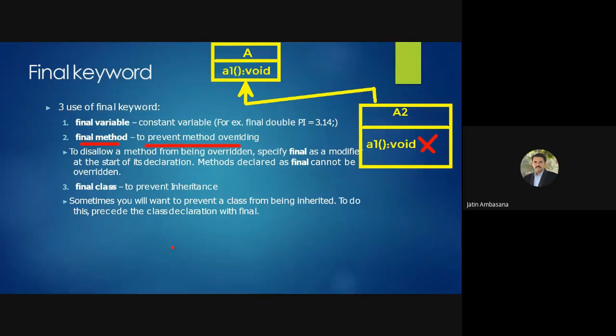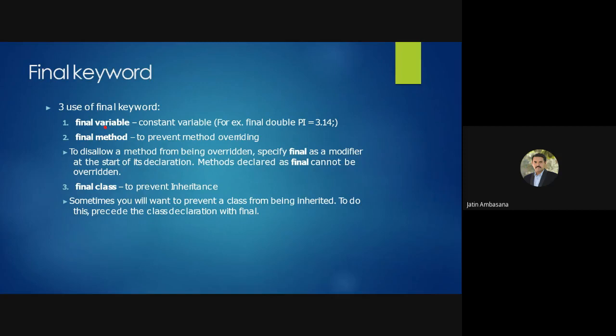And then you have the final class, which can prevent inheritance. So see, each final prevents something. Making a variable final prevents updating that variable. Making a method final prevents overriding that method. Making a class final prevents extending that class.